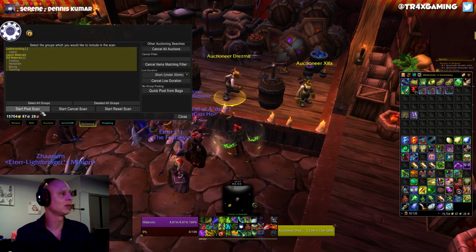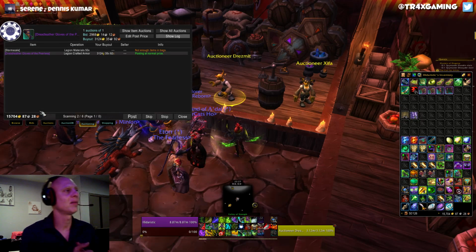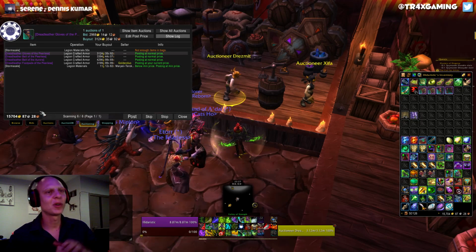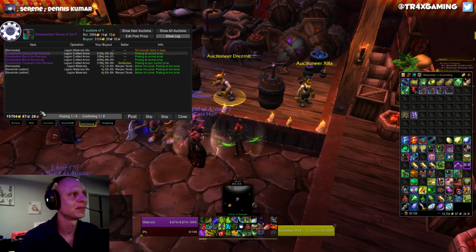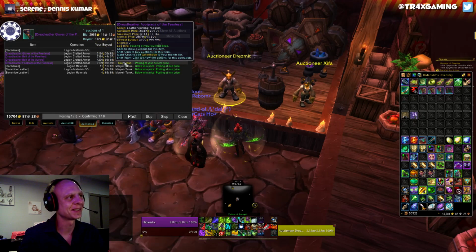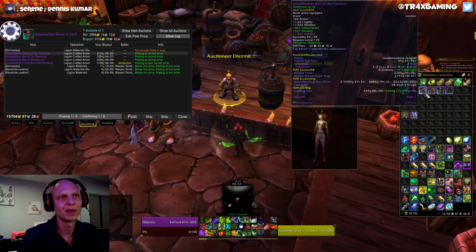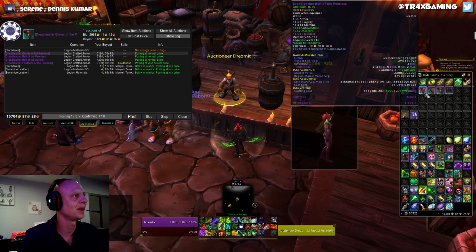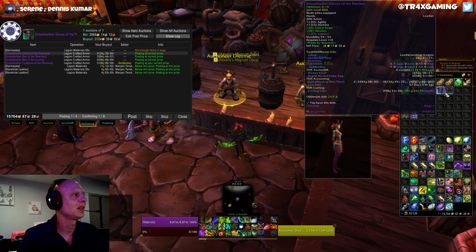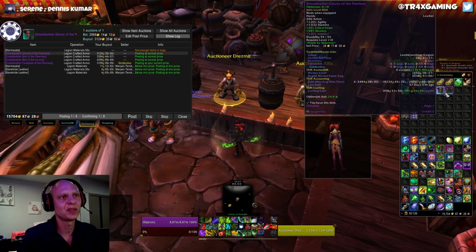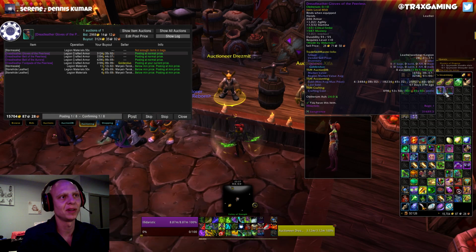So this is how you buy all these materials. So what we're going to do, we're going to do a post scan. I'm not actually going to post these items, because this is my auctioneer right now. So what do we got? Dread leather belt. The gloves are first. So the gloves, region market value is 3,200.